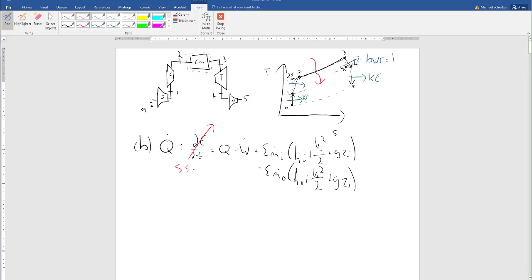that we're at steady state. We're not adiabatic, because this is the thing we want to find. But we are passive: one inlet, one outlet, no kinetic energy change, no potential energy change.